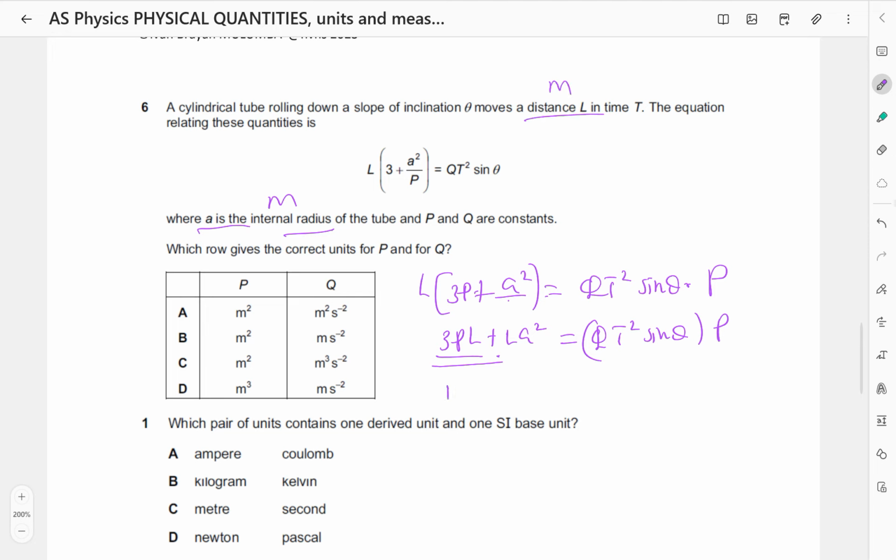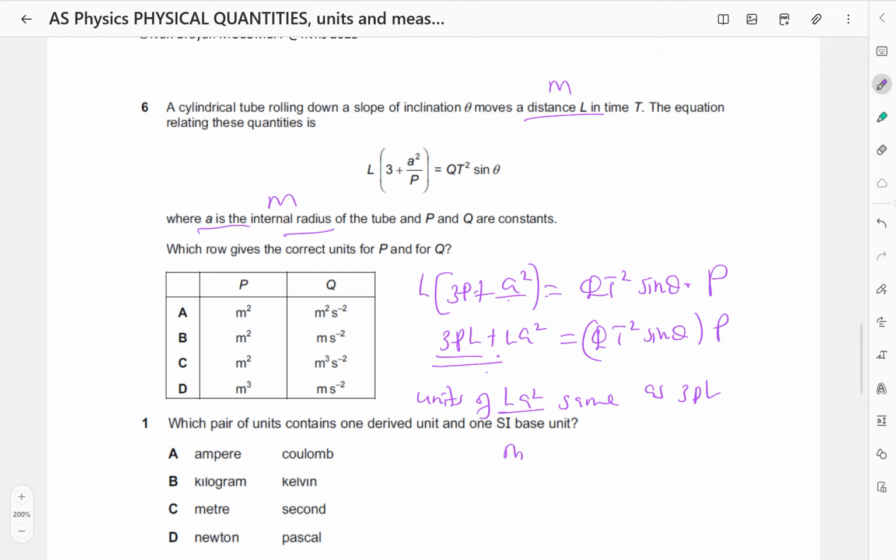So the units of La² should be the same as 3PL, because you can't add quantities with different units. And what are the units of La²?